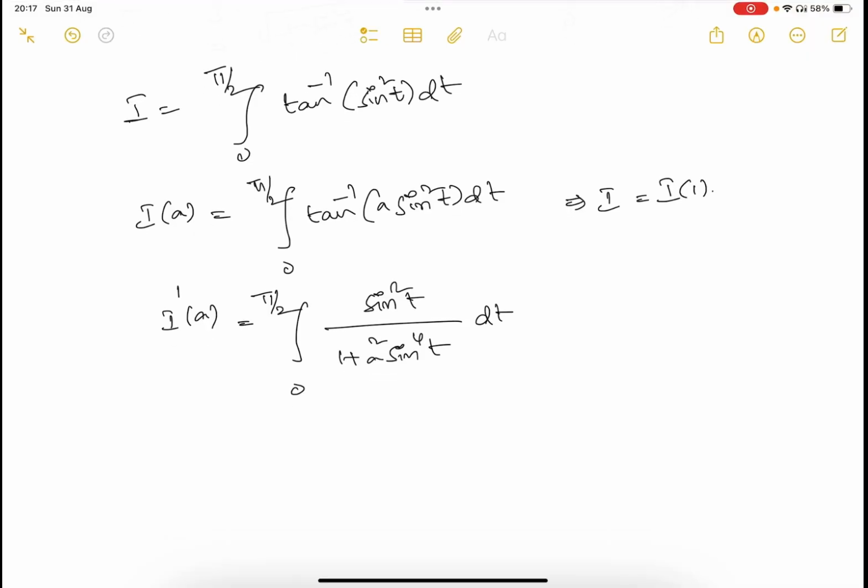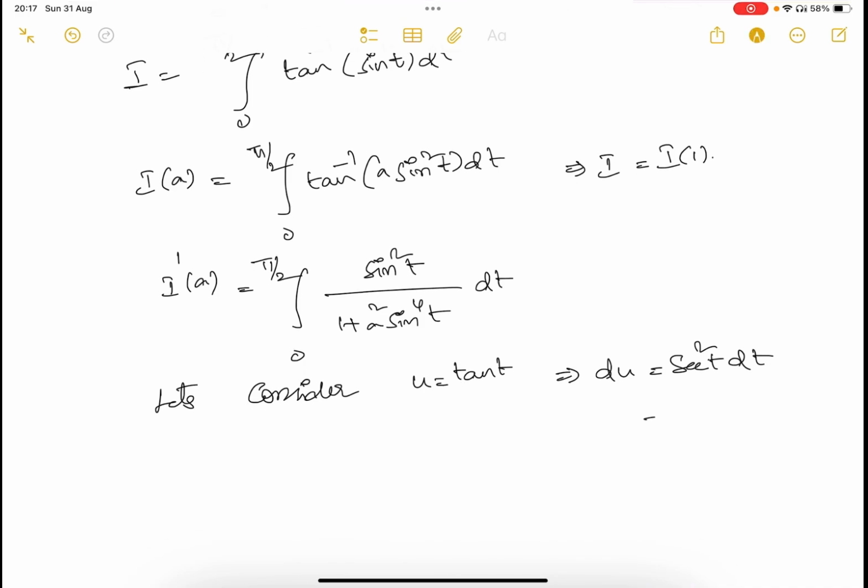Here, let's consider some substitutions. Let's consider u equal to tan t. That means du equal to derivative of tan t is secant square t dt, right? Secant square t is 1 plus tan square t, which is 1 plus u square dt.